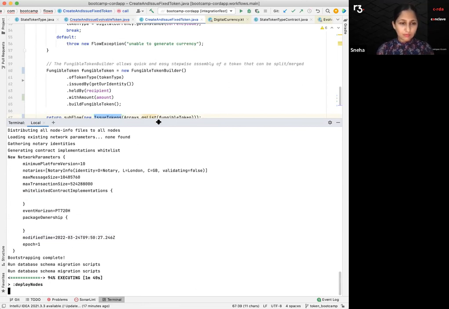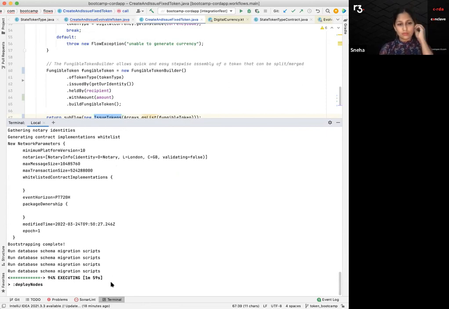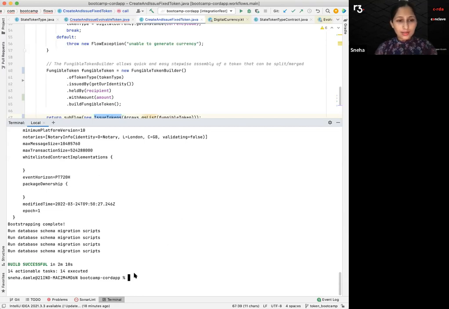So now I'm going to start off these nodes. Okay, this is done. So what happens is our network is already deployed locally.